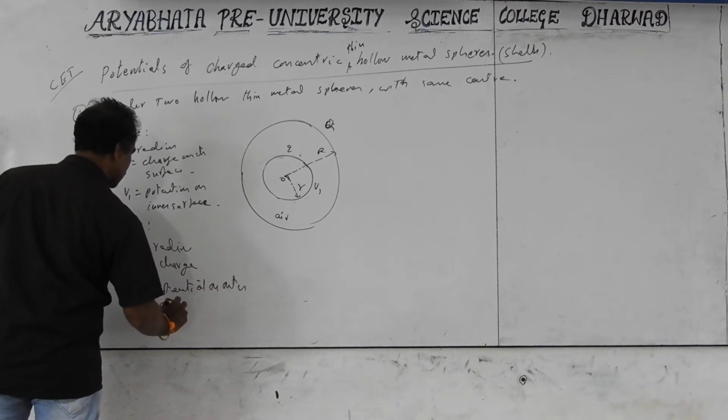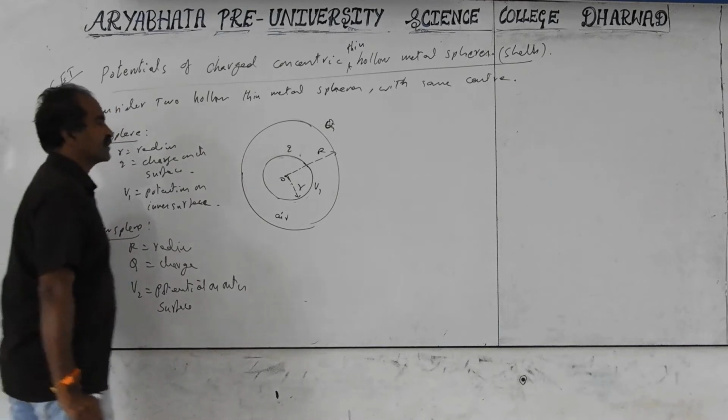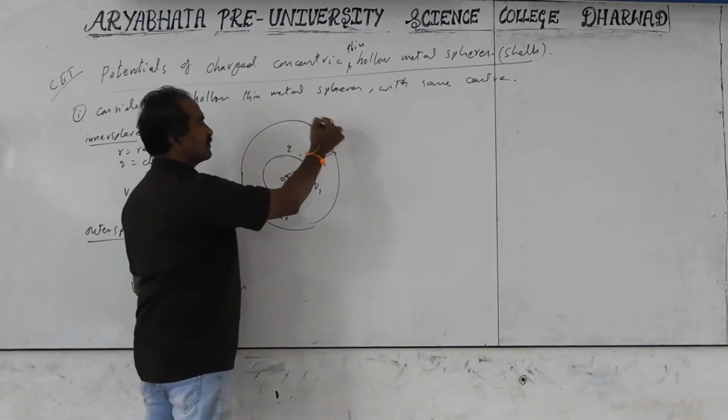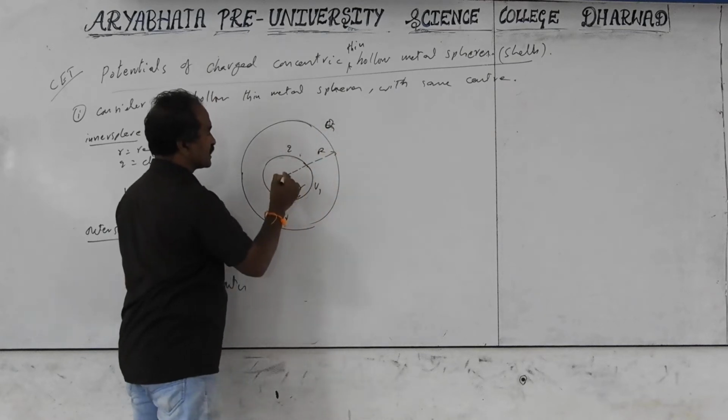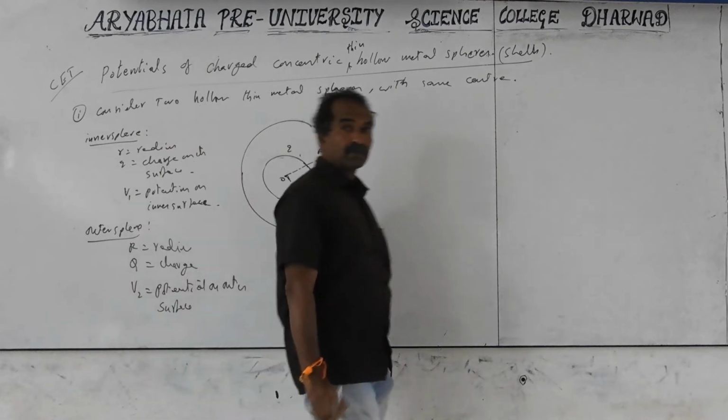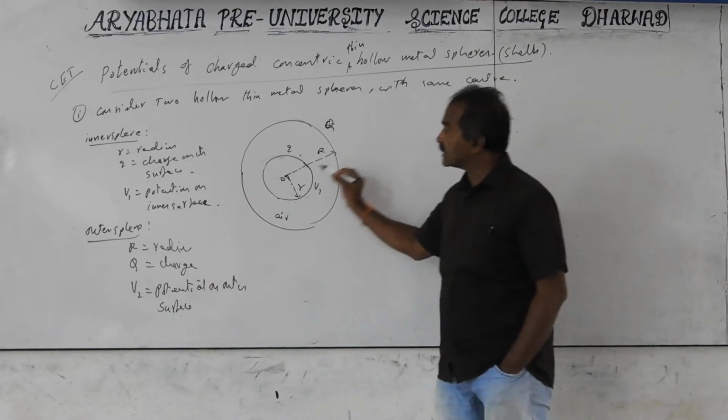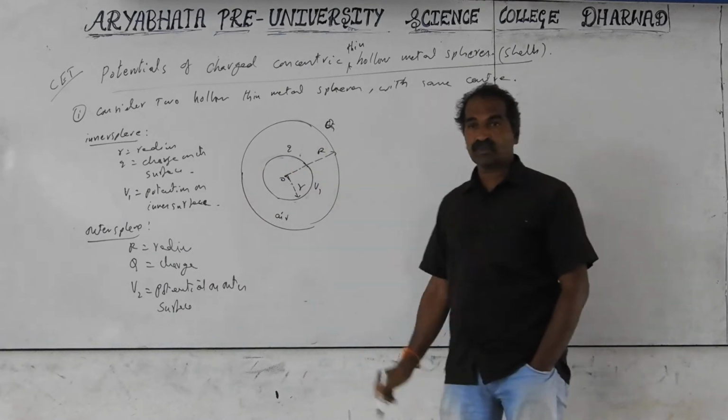We take the outer surface. If you check the charge inside, it is zero; the charge is on the surface. But if you see from outside, the total charge appears to be present at the center only. So it behaves as such. q and Q both are at the common center of the two spheres.